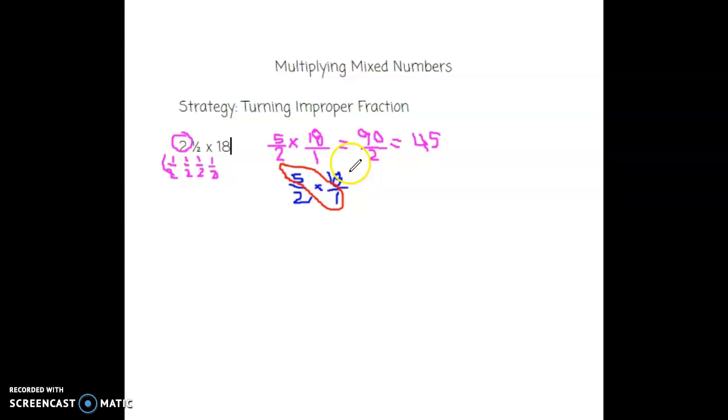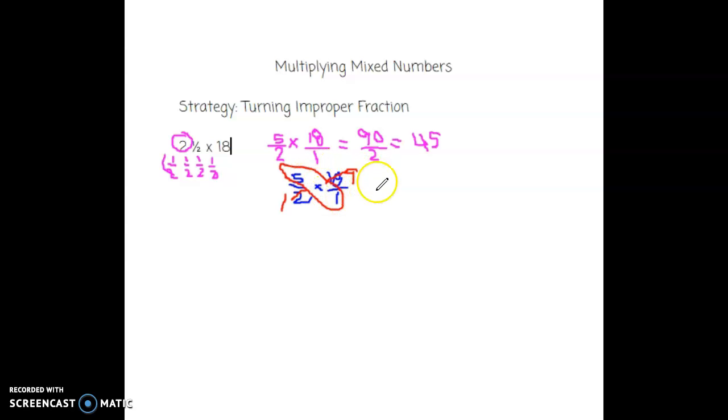But you're going to look at 2 and 18 next. And is there a multiple or a factor that goes into both 2 and 18? And you should say yes. You should think right away that both 2 and 18 are even. 2 is a factor of both of them. So you're going to cross off 2 and divide 2 by 2, which is 1. And then you're going to take 18 and divide 18 by 2, which would be 9.